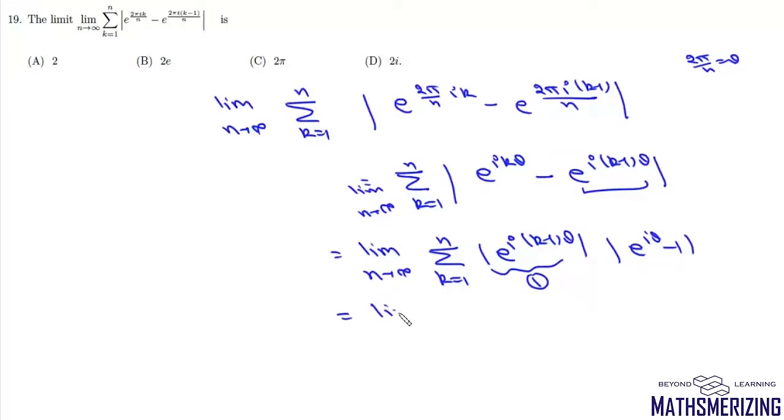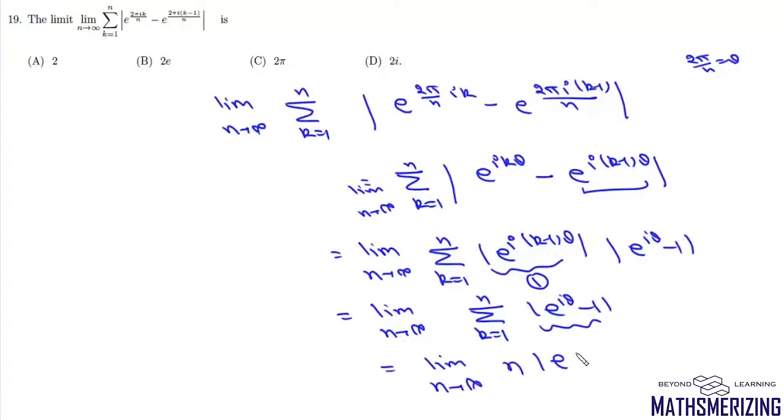So we can write this as limit n tends to infinity, summation k varies from 1 to n, mod of e^(i theta) minus 1. Now this expression is independent of k, so it will actually be limit n tends to infinity, n times mod of e^(i theta) minus 1.